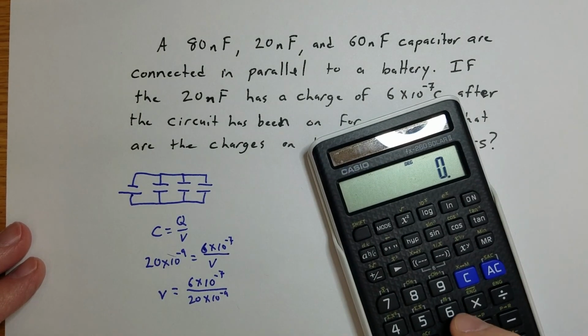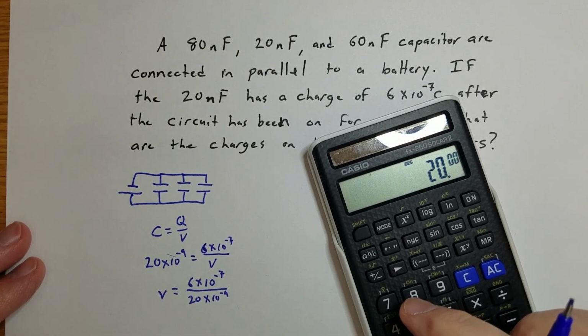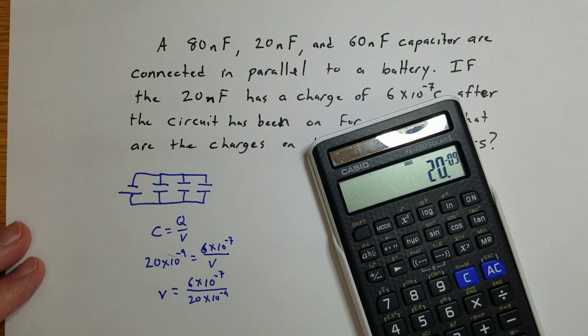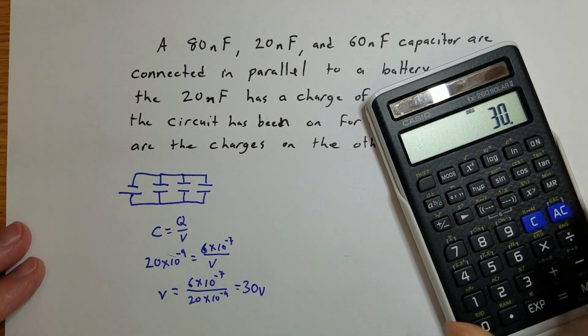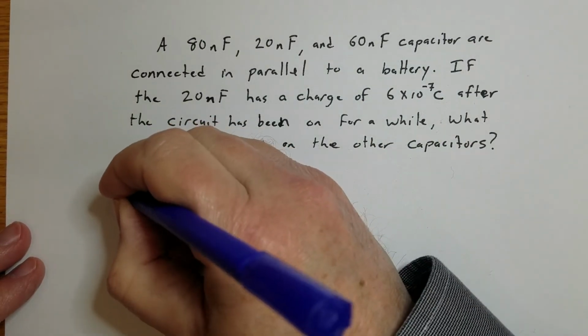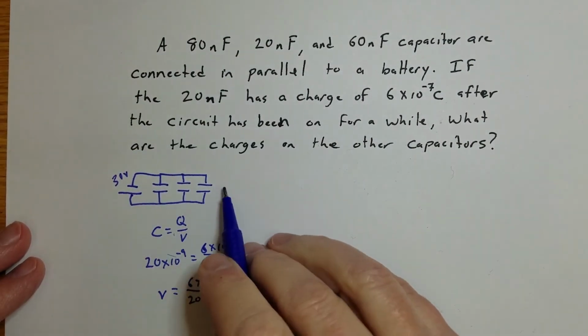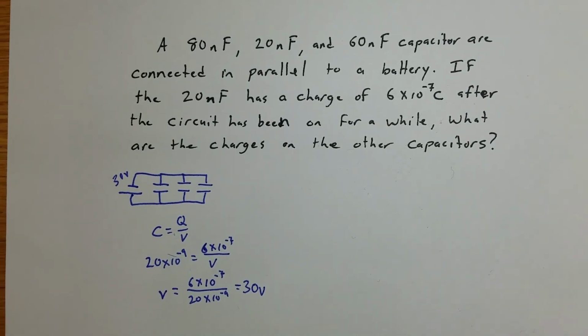So when we do that, 6 times 10 to the negative 7 divided by 20 times 10 to the negative 9, we get 30 volts. So we got a 30 volt battery here. That means everything gets 30 volts. So now I can figure out the charge on each one.